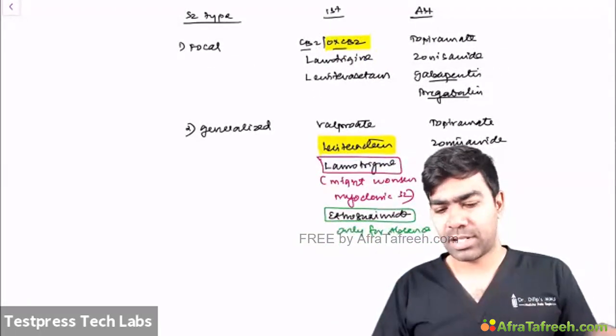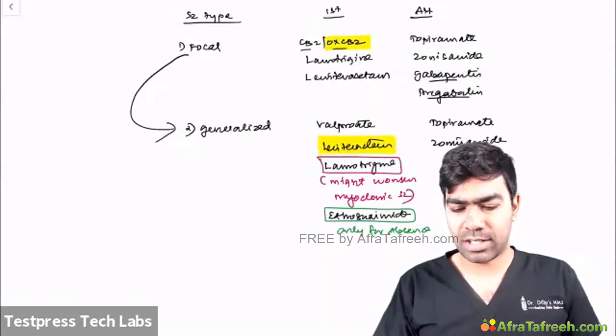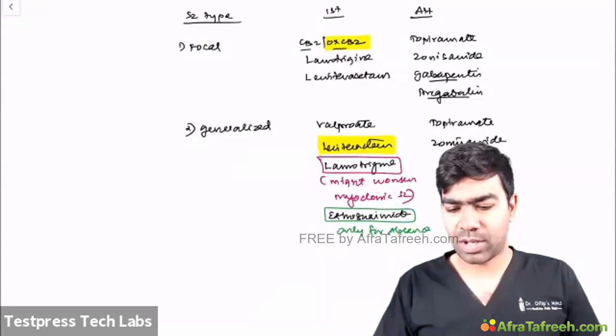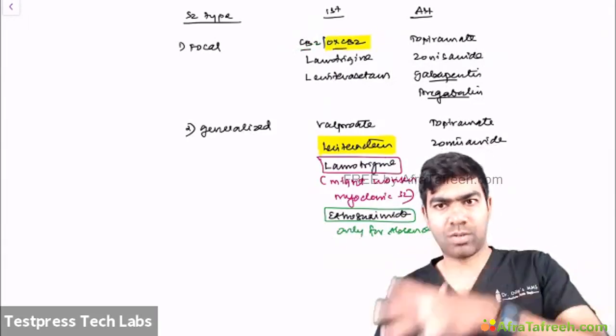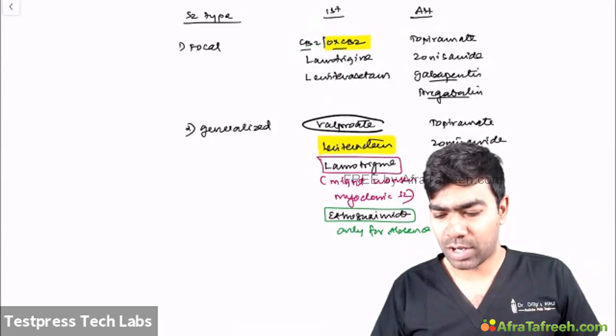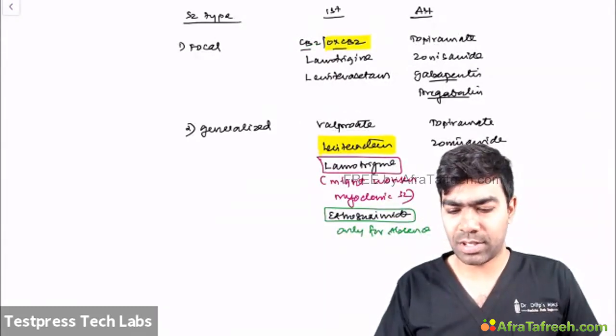Suppose the patient has a focal seizure with secondary generalization. In that setting, you can prefer carbamazepine to prevent the focal seizure in the first place, the one that is going to spread into other areas. Or you can use valproate to be very safe in that setting.